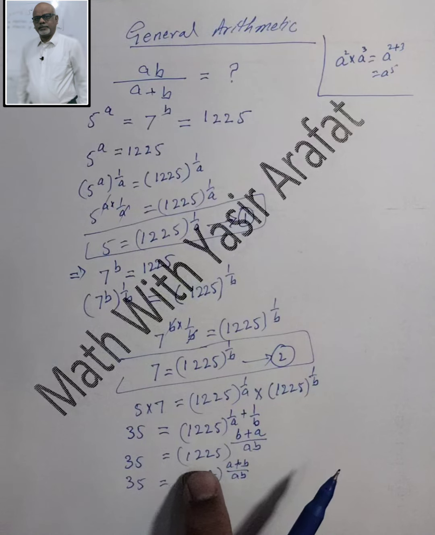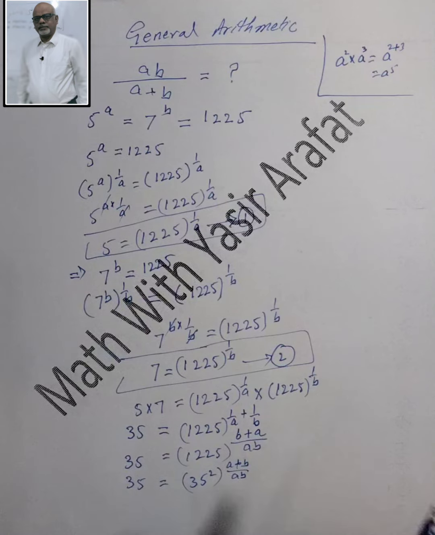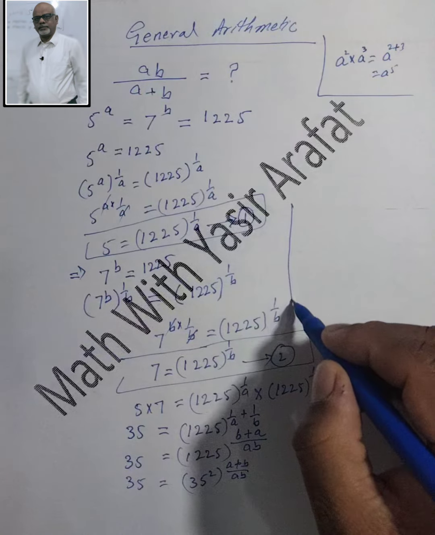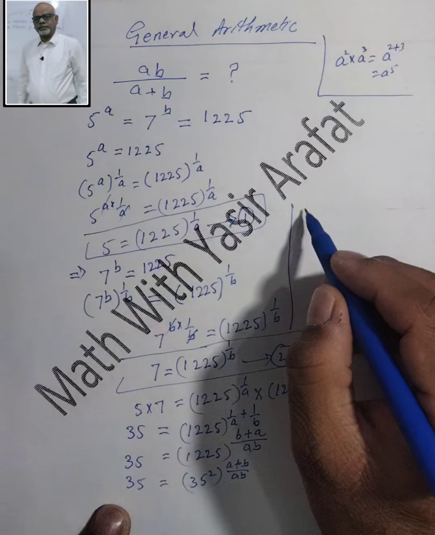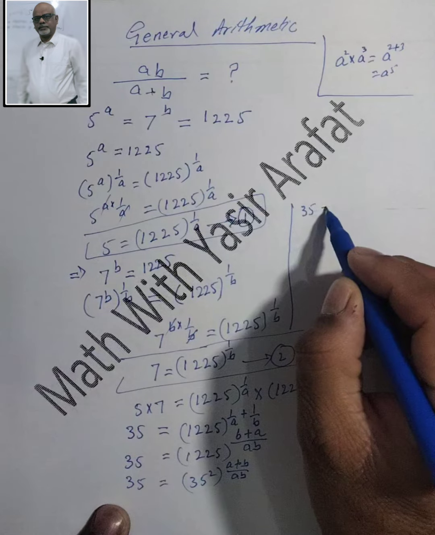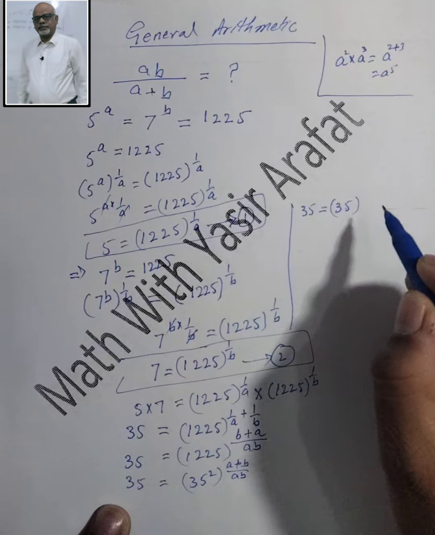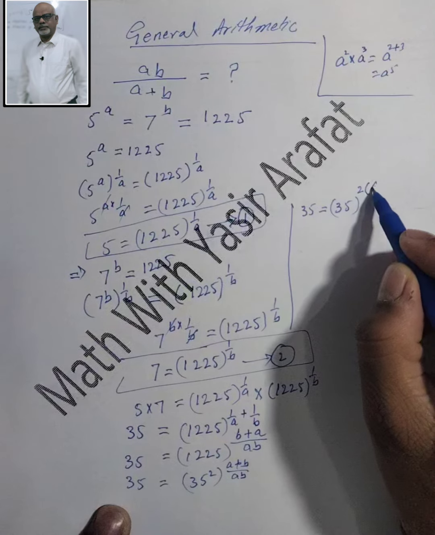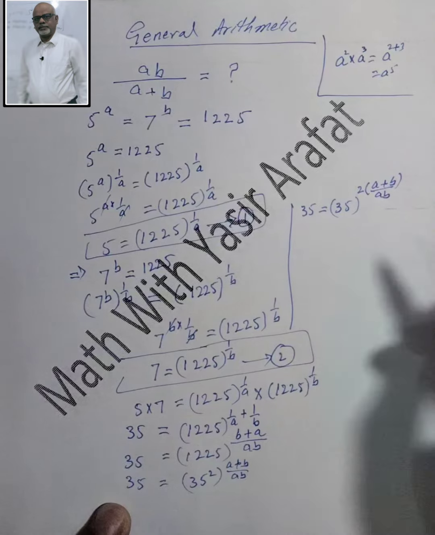So 1225 can be written as 35 to the whole square. Now we have a double power again. This 2 will multiply by this one. So 35 equals 35 to the power 2 times a plus b over ab.